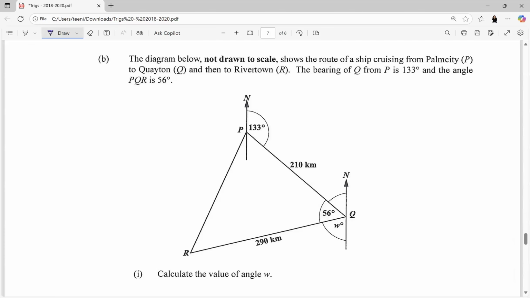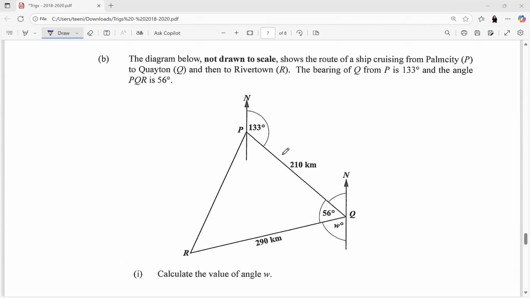Right. So the diagram below, not drawn to scale, shows the route of a ship cruising from Palm City, P, to Keaton, Q, and then Rivertown, R. The bearing of Q from P is 133 degrees. So Q from P, Zach, you notice the north line is at P because it's from P, right?